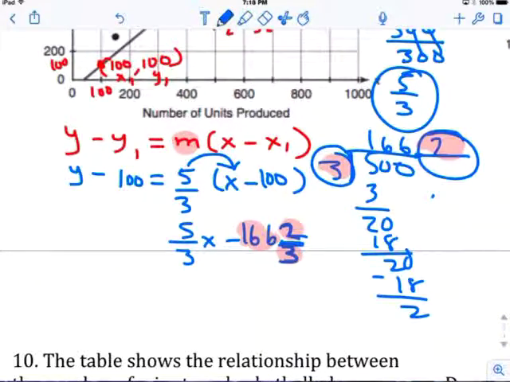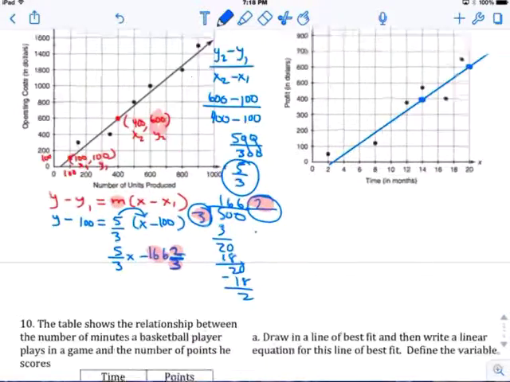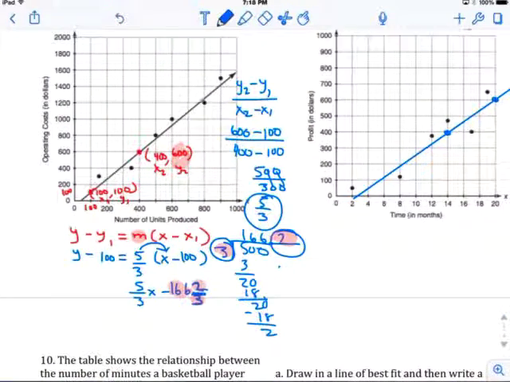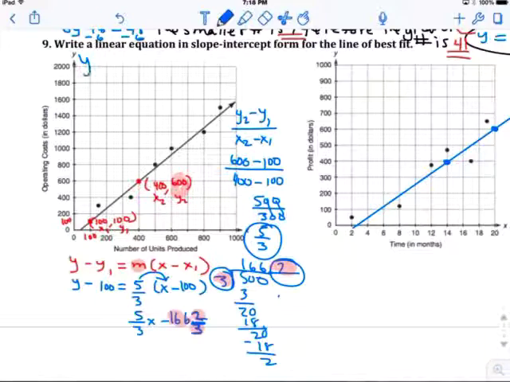You can do it that way. You'll run out of room. I don't know, do it on the side, do it on the graph, maybe start from up here so you have enough room somewhere.